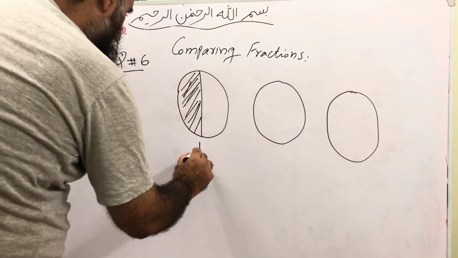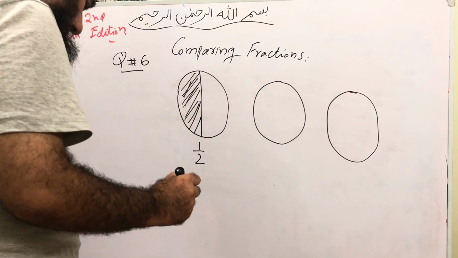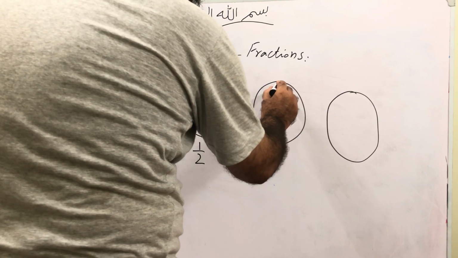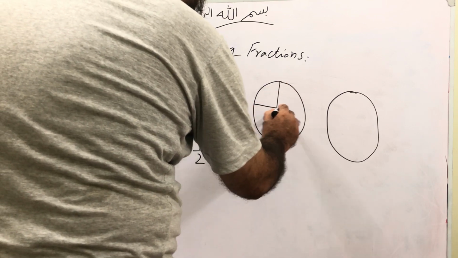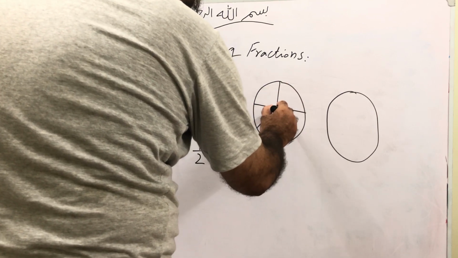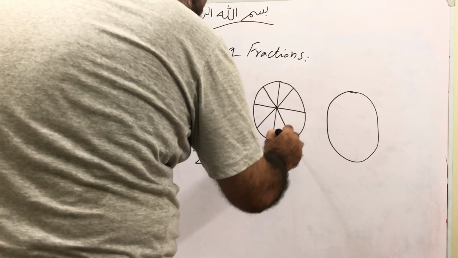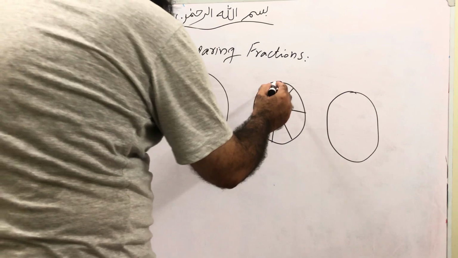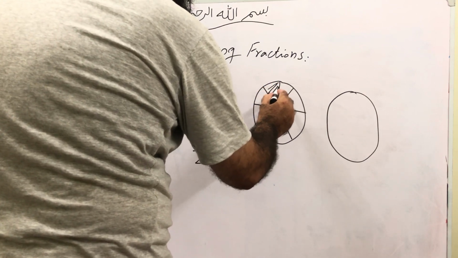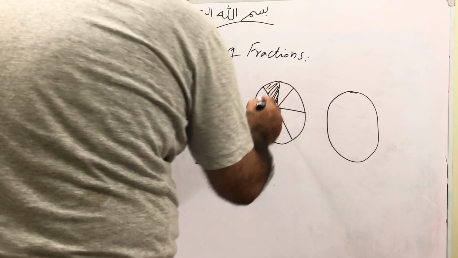So this is 1/2. Here we have 8 parts. So one part is shaded. 1/8.